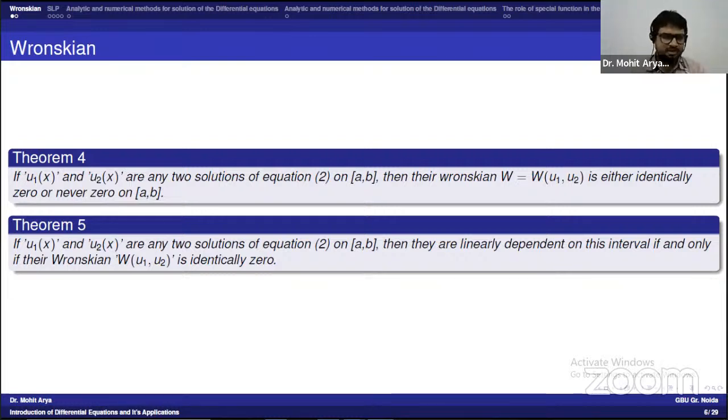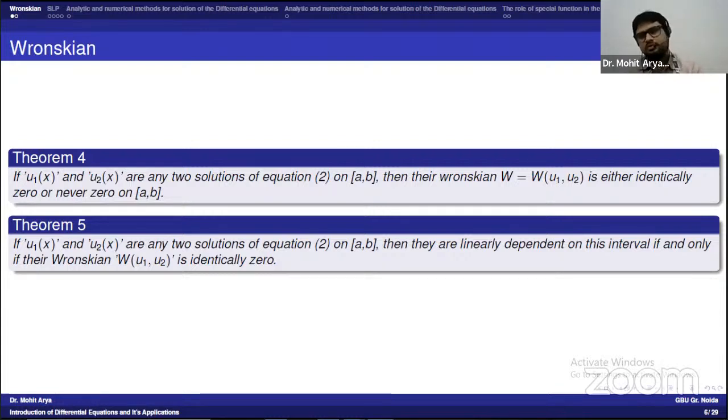The next theorem says if u1(x) and u2(x) are two solutions of equation 2, so again we are taking two solutions u1 and u2 for equation number 2 on an interval (a, b), then they are linearly dependent on this interval if and only if the Wronskian is identically 0.